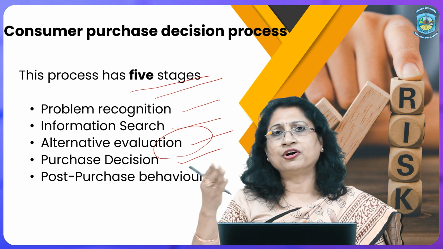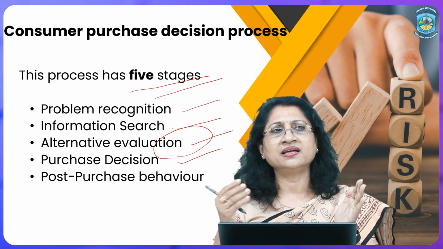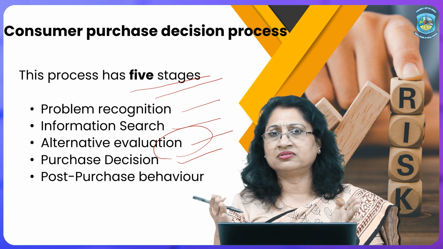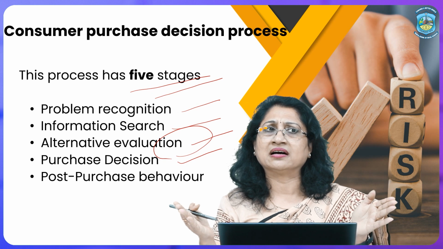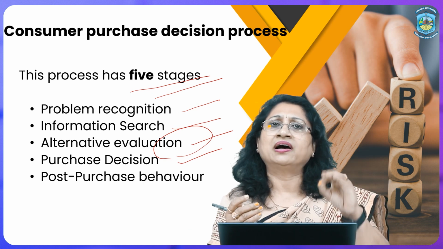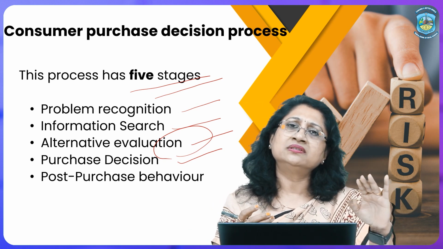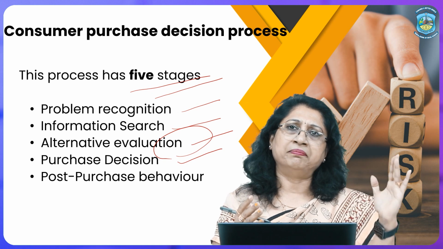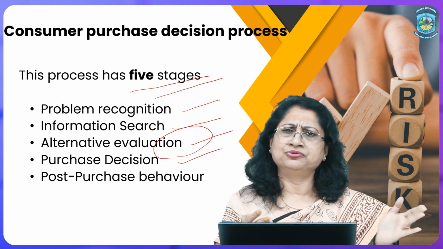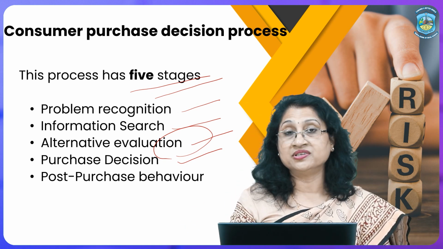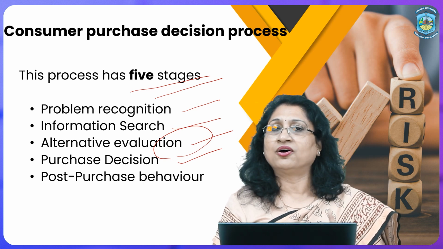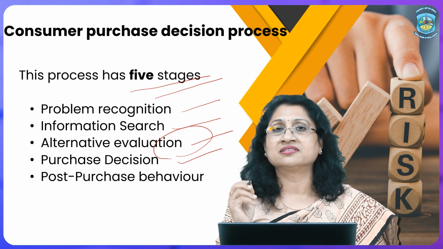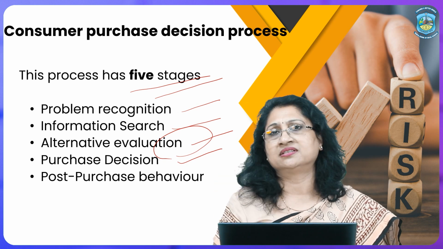I have got 4 or 5 options and I keep evaluating, oh, this is better than that for this matter. And ultimately, I come to a conclusion that this one product is the best which suits me, whether for the brand or the attributes or features, whatever be the reason. And then I decide that, of course, I am going to buy this particular one. So, that is what is known as the purchase decision.